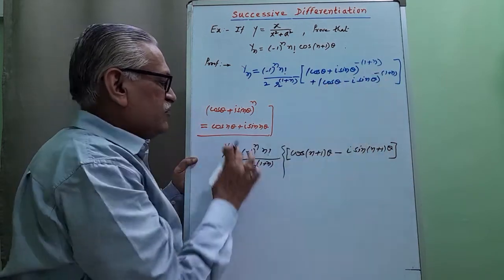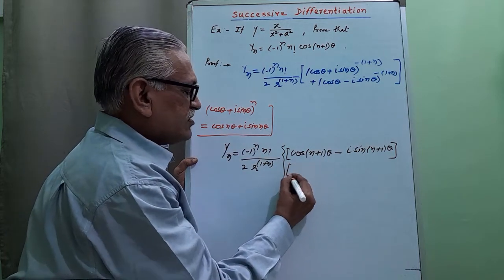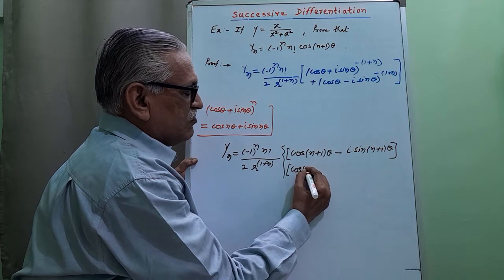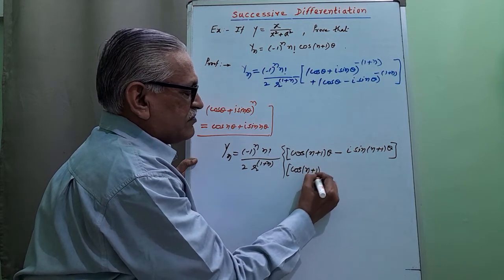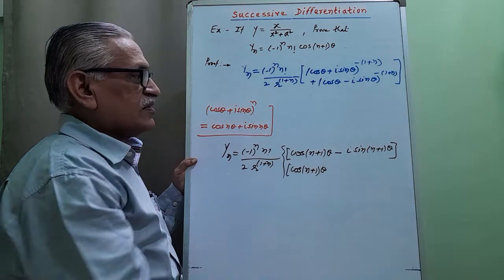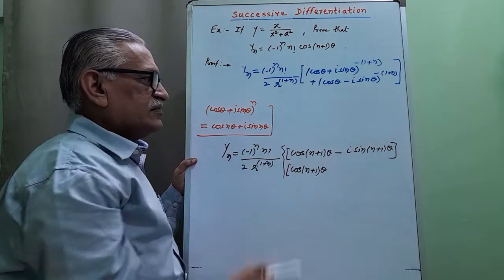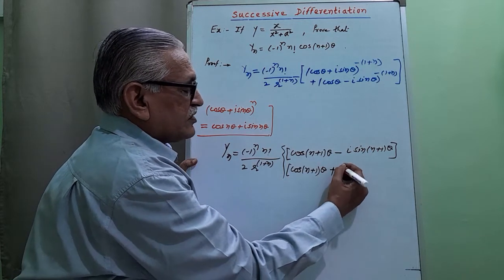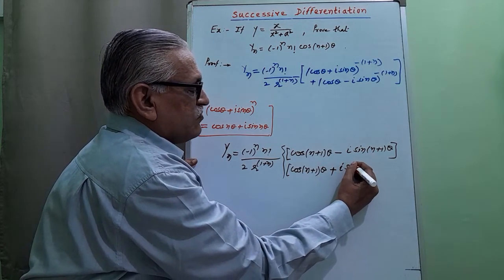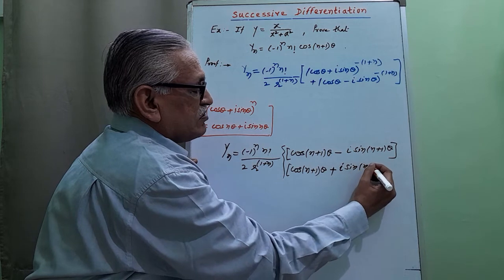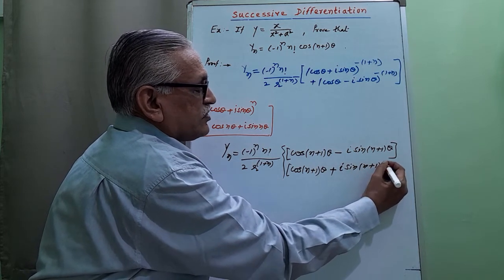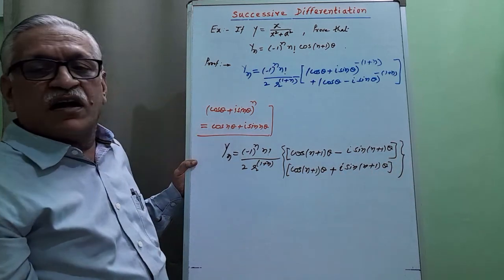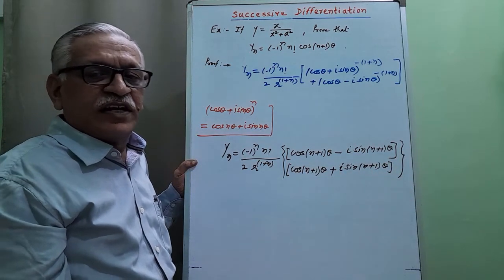Expansion of this by de Moivre's theorem, it is again cos of (n plus 1) times theta, and this minus, it becomes plus I times sine of (n plus 1) times theta. This is using de Moivre's theorem.